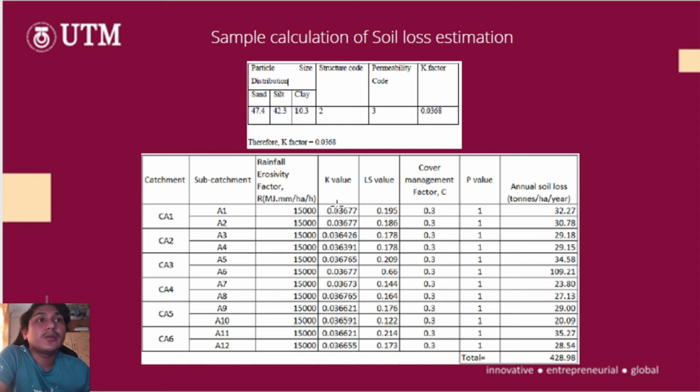The K value, as we stated before, and the LS factor, C factor and P value are from the previous tables. By multiplying these coefficients, we can get the annual soil loss. By year, the total soil loss is 428.98 tons per hectare per year.